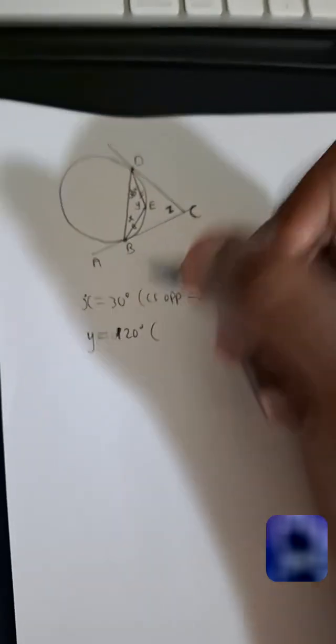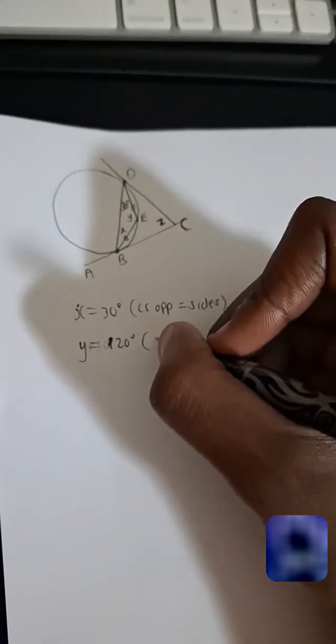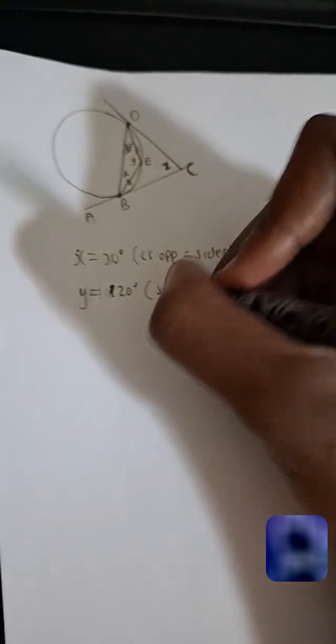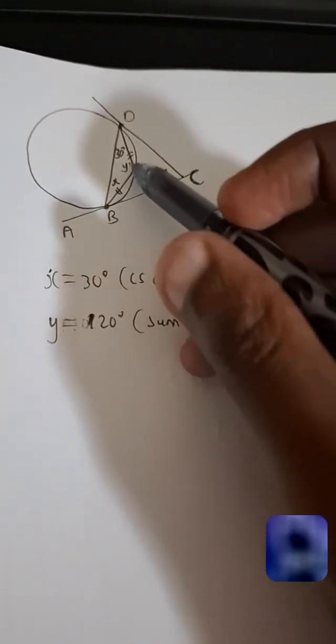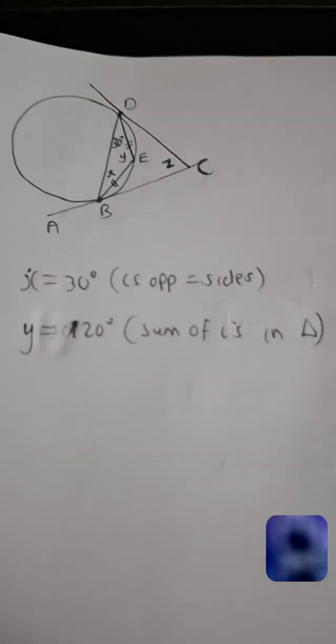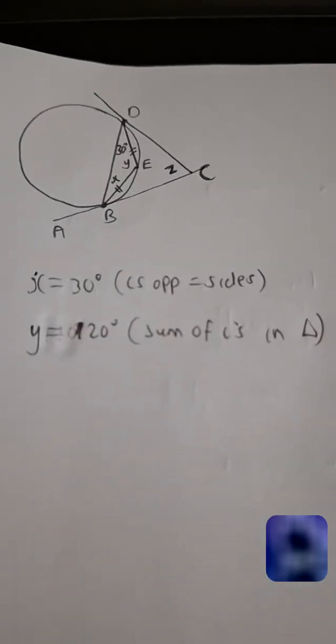You are spot on. Reason? Sum of angles in a triangle. We update the Y, we get 120 in there. Now we need a beautiful Z there.